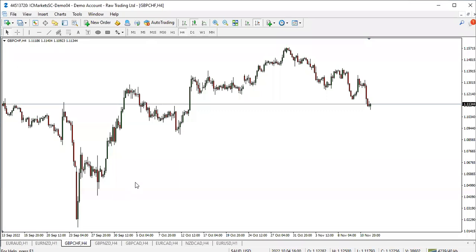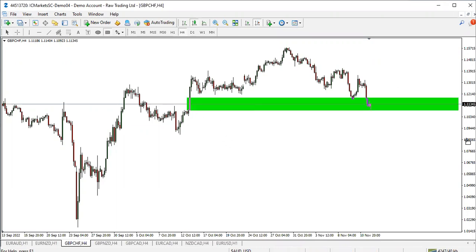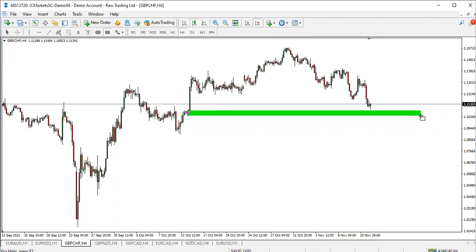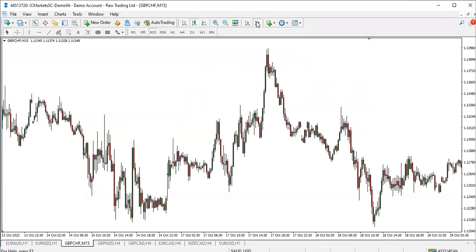So next is GBPCHF. On the H4, I am looking at having this market get to here. When it gets to here and gives me a valid buy pattern on the 15 minutes, because this is H4, I'll be looking to get my valid buy pattern on the 15 minutes. If it gives it to me on the 15 minutes, I'll be buying. This is what I mean.